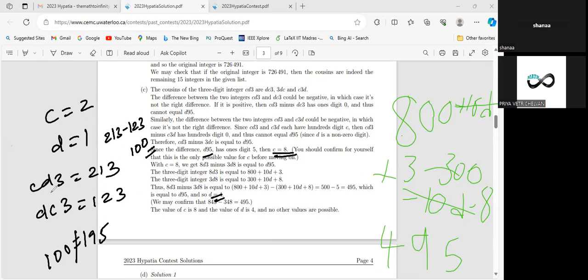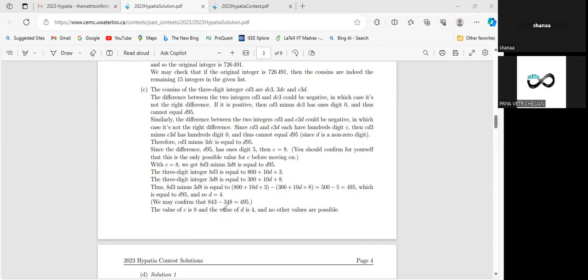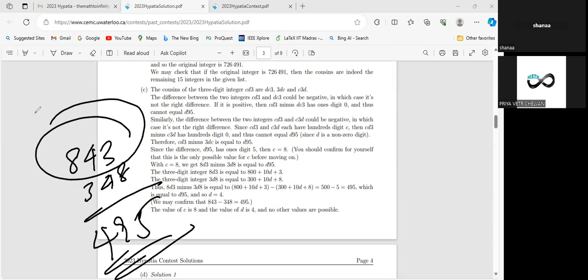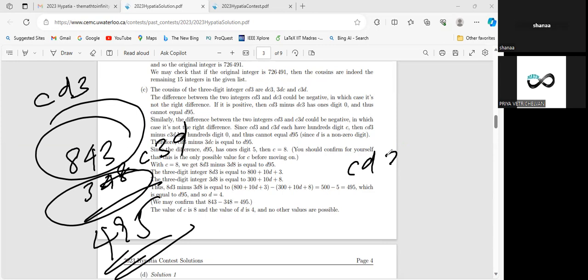Do you follow? Yeah. So from that we can try whether 843 minus 348 is equal to 495 or not, because 843 is CD3, and C3D is 348. CD3 minus C3D can be written like this.